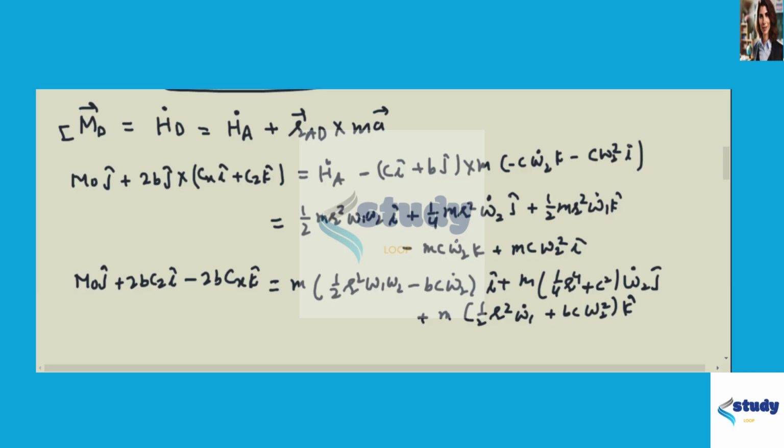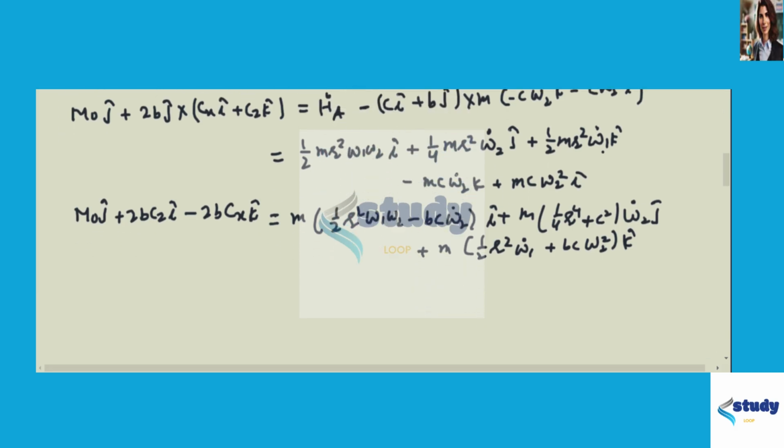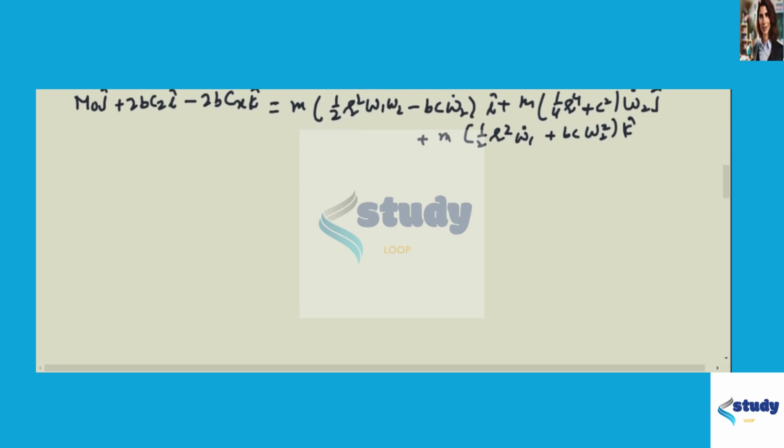By equating the components along i, j, k, we can write along j cap: MO is equal to m r square by 4 plus c square omega 2.